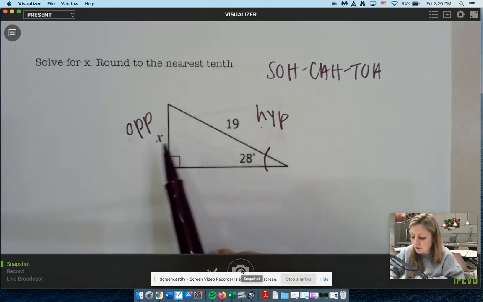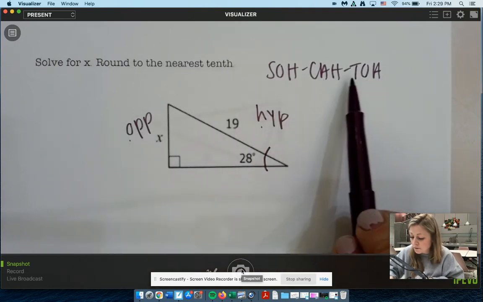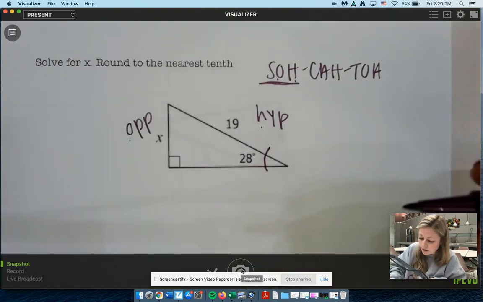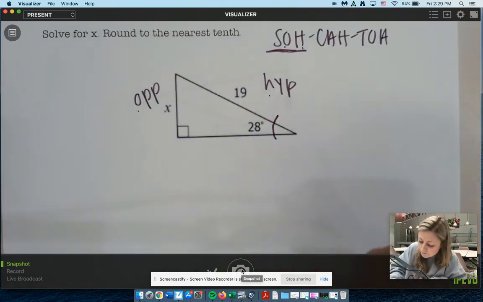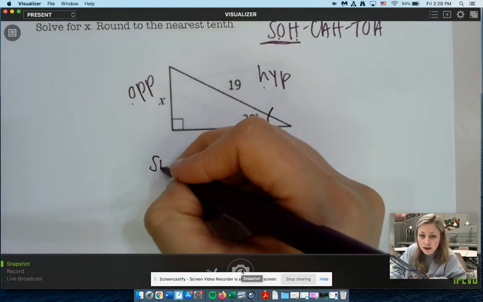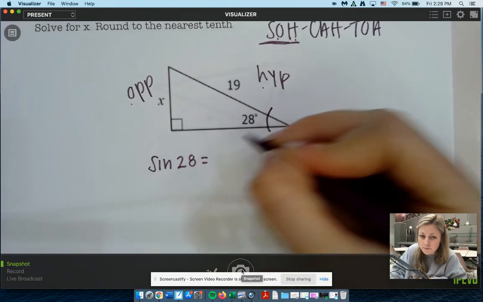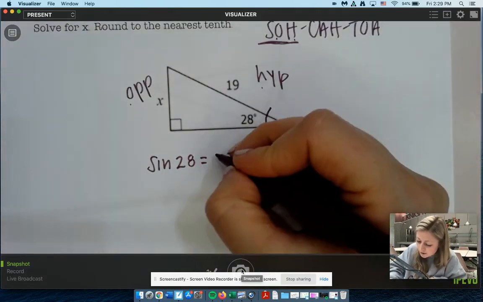You should be thinking sine, right? Opposite over hypotenuse. So now you're going to write sine of your angle, which is 28, equals your opposite leg, which is x, over 19.